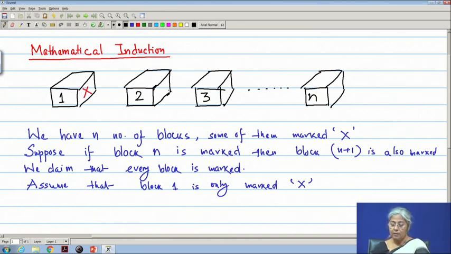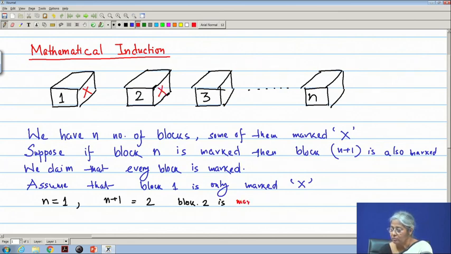Now, it is given that if block n is marked, then block n plus 1 is marked. So if n equal to 1, since block 1 is marked, n plus 1 equal to 2, so block 2 is also marked.